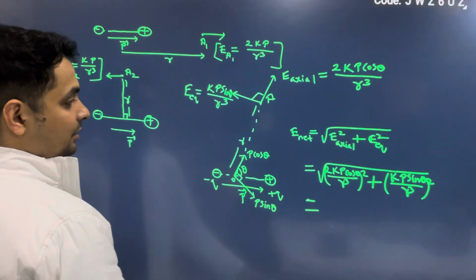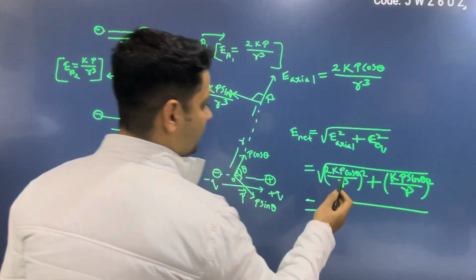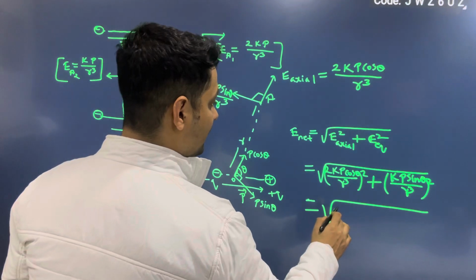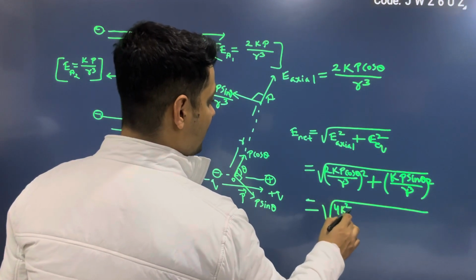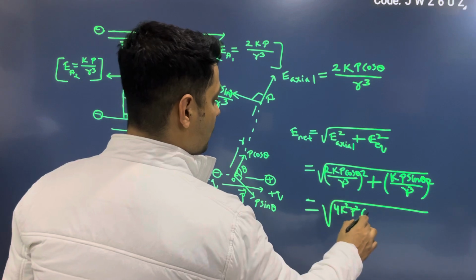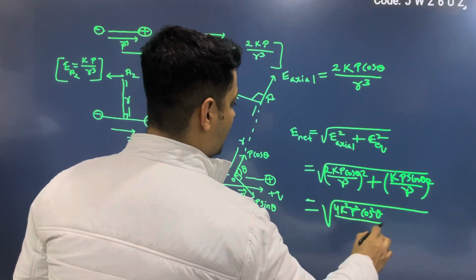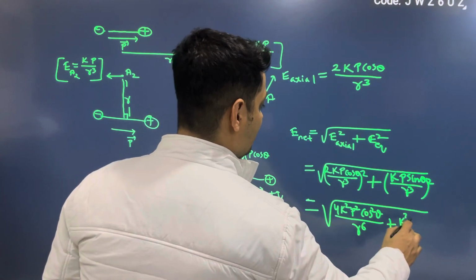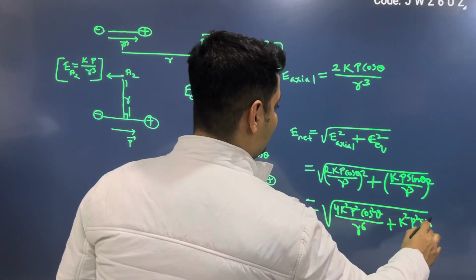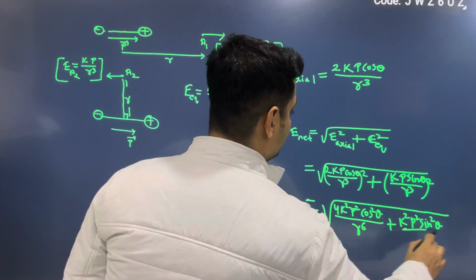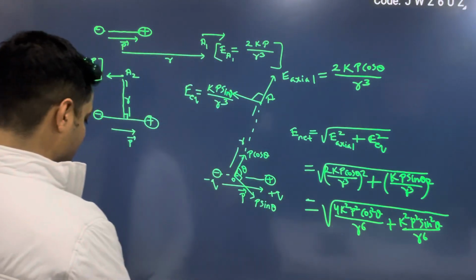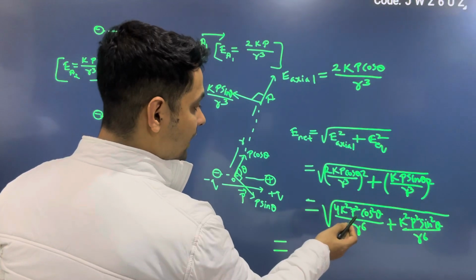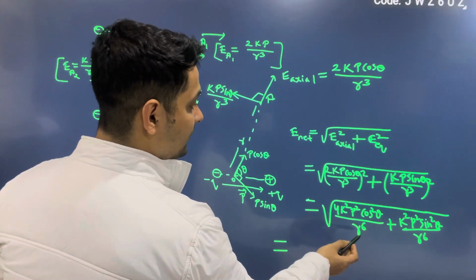Now it can also be written as root under, we'll square it, 4k square p square cos square theta by r to the power 6, plus k square p square sin square theta by r to the power 6. Here we can take k square p square by r to the power 6 common.